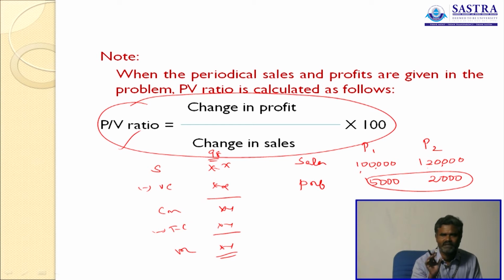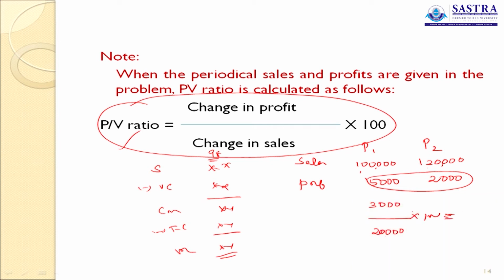Simply you take only the figure, divided by the difference between sales, 20,000, into 100. The answer will be the PV ratio. So this is the way of calculation of PV ratio when periodical information is given in the problem. This formula also you have to keep in your mind.